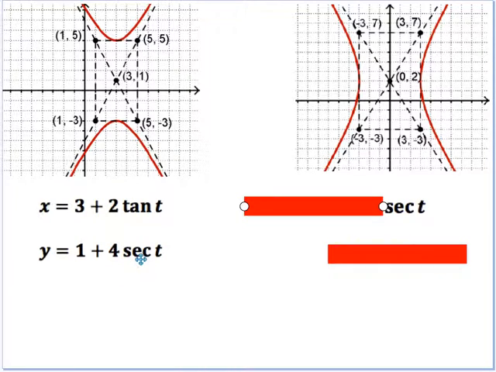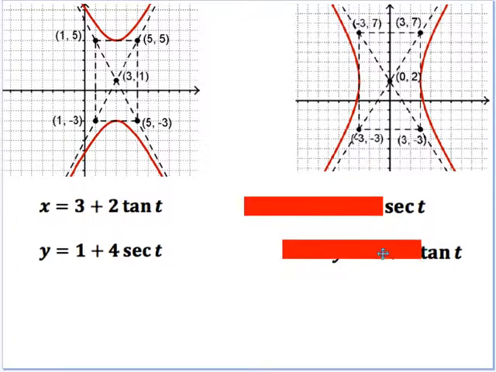So notice over here it's in the y formula, and the tangent is in the x formula. Well, that's because this hyperbola is going up and down. But these equations over here, whoops, your secant is in the x formula and tangent is in the y formula, because our hyperbolas are opening to the left and to the right. I'll explain a little bit more about that in a minute.